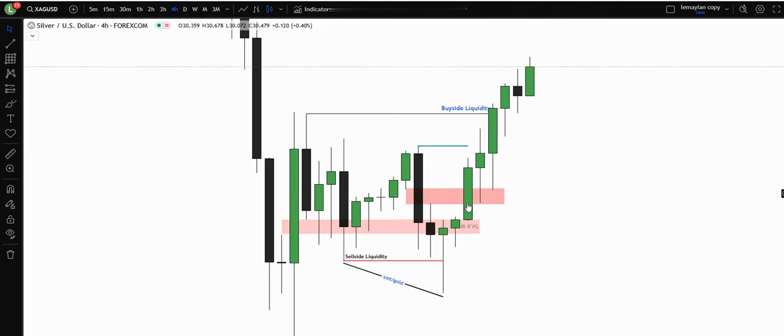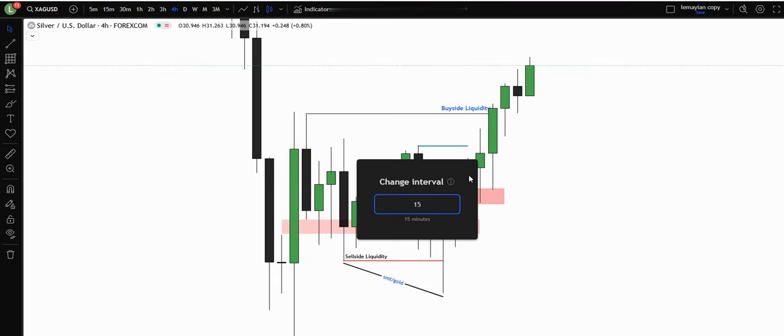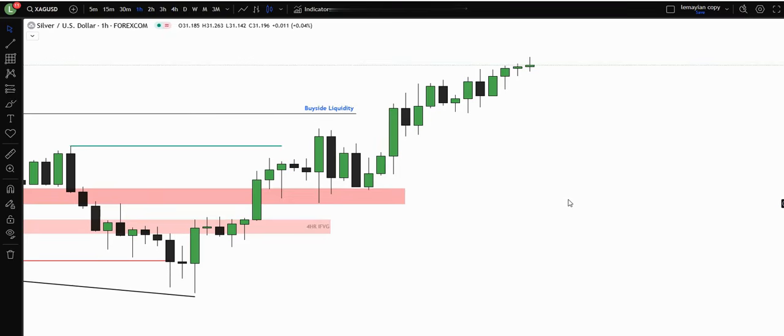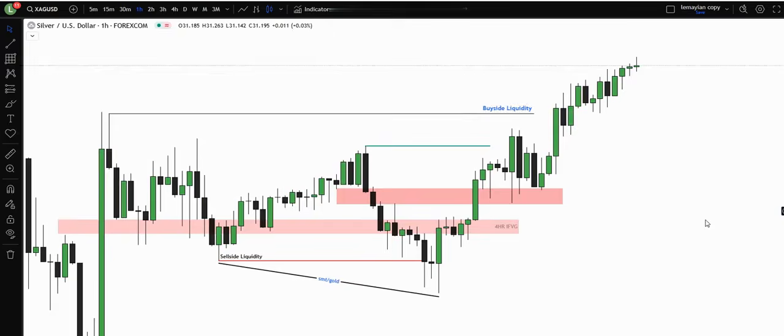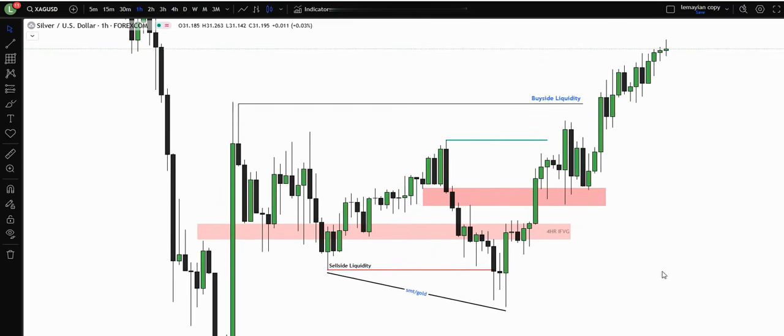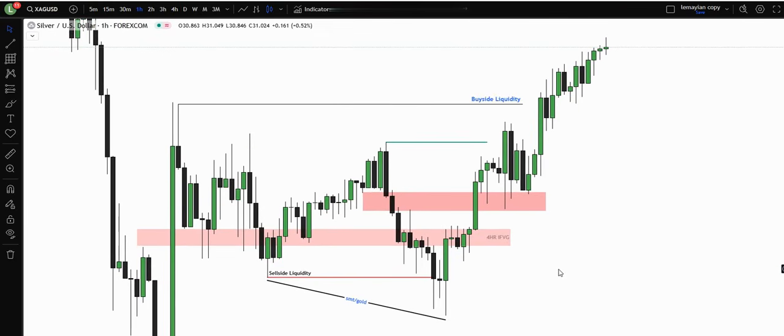Now when price closed above here, you know the drill. 15 minutes. Rather, I went to 1 hour first. I checked 15 minutes and I realized there wasn't much, so I went to 1 hour. Look at this. Most amazing, guys.